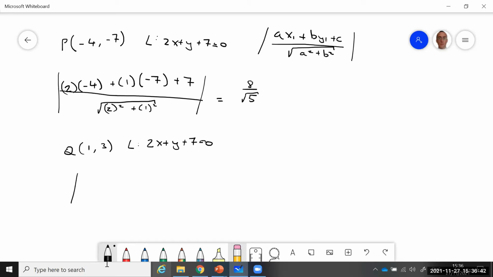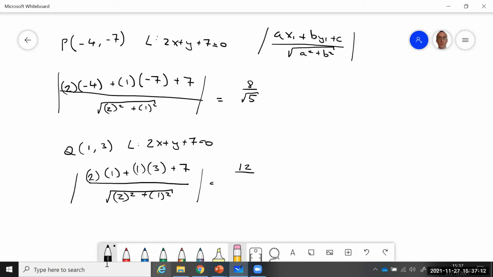So that's 2 by 1, the coefficient of x by the x coordinate, plus the coefficient of y by the y coordinate, plus 7, all over the square root of 2 squared plus 1 squared. And that equals 2 by 1 is 2, plus 3, plus 7.